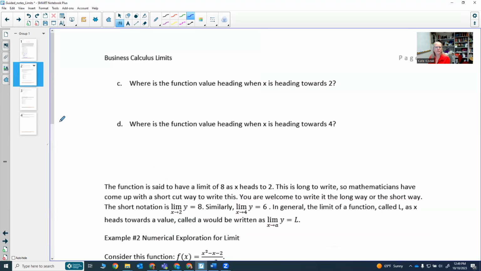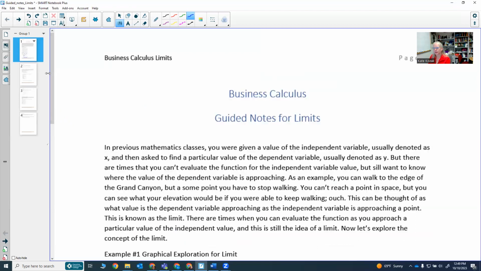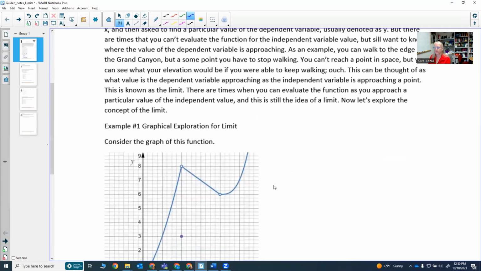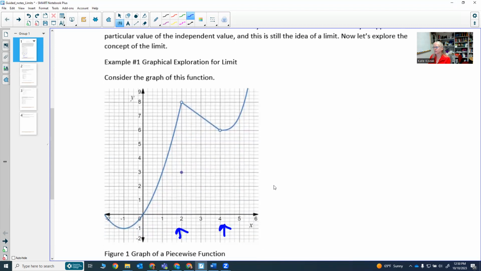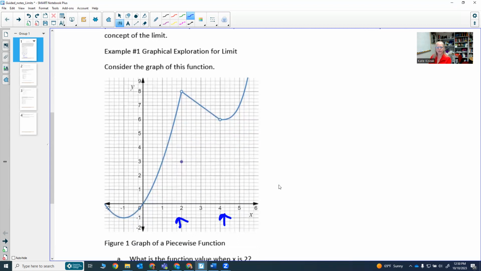Now, where is the function value heading when x heads to 2? So notice that even though the function value at x equals 2 is 3, the function is not heading towards 3 as x heads to 2.